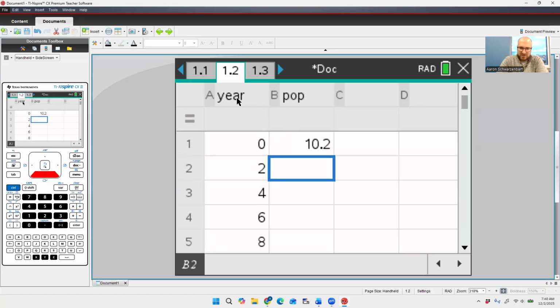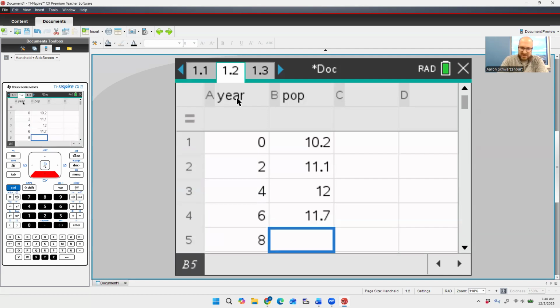10.2, 11.1, 12.7. Wait a second. I'm getting mixed up, multiple of these are lining up with each other.